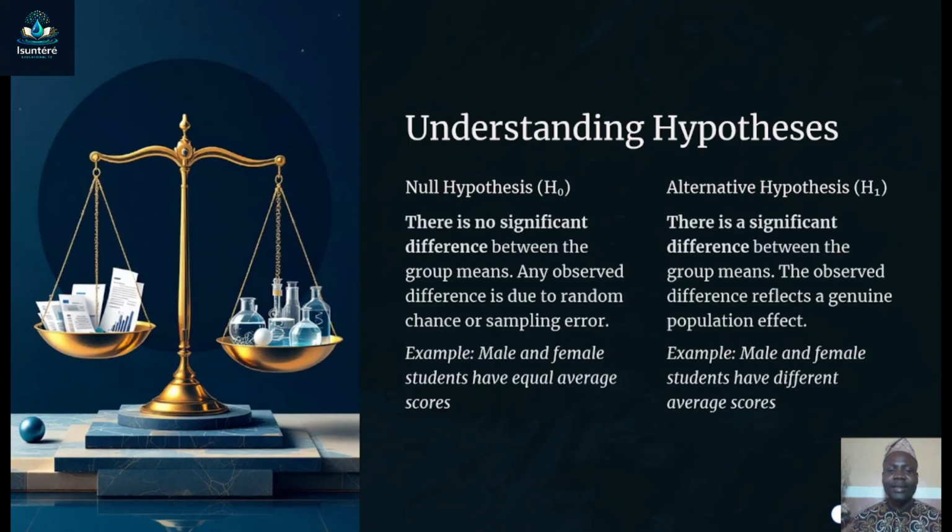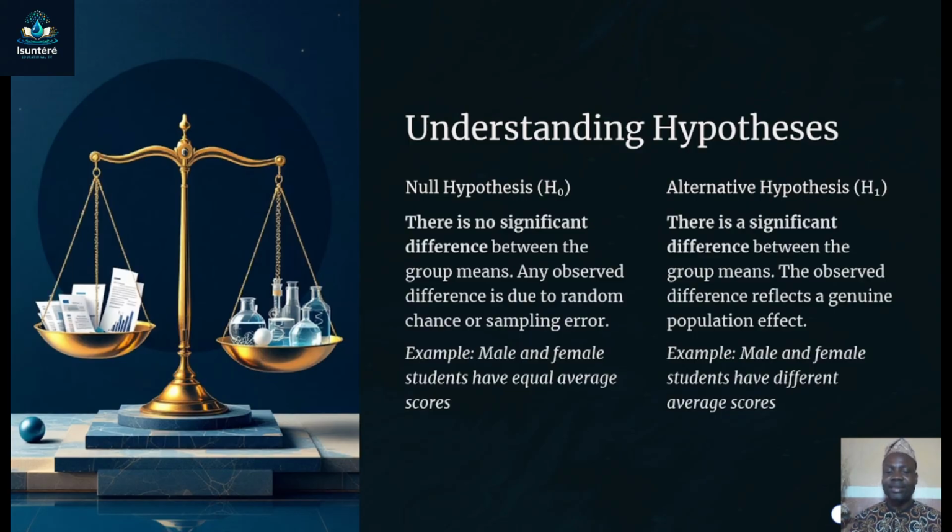So I want you to understand the way the hypothesis of the t-test is always tested. You can use the null form. For example, there is no significant difference between the group means. Any observed difference is due to random chance or sampling error. Example, male and female students have equal average score. That's a null hypothesis.